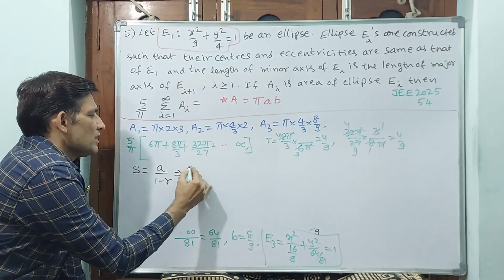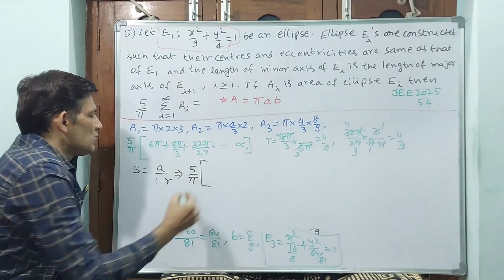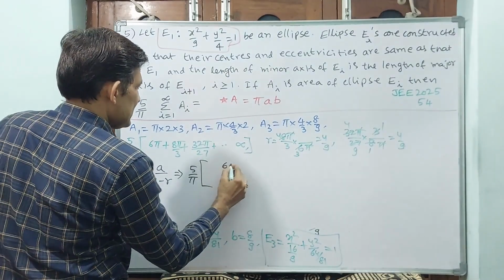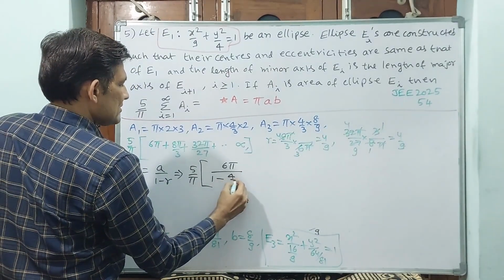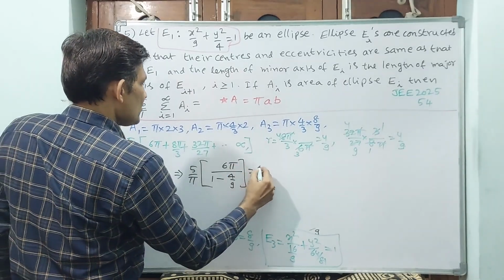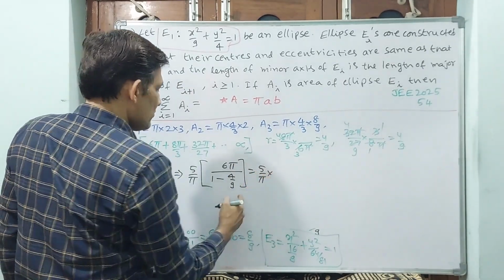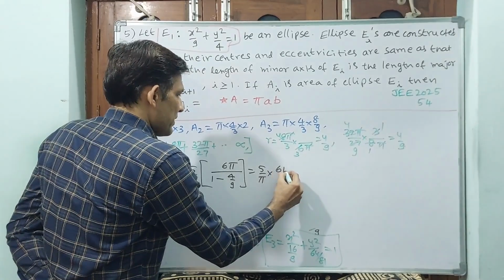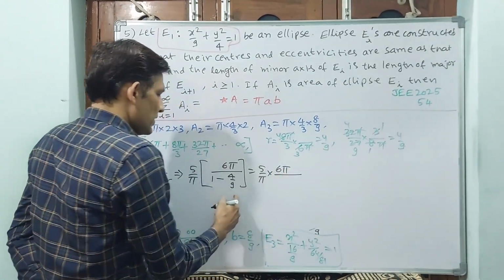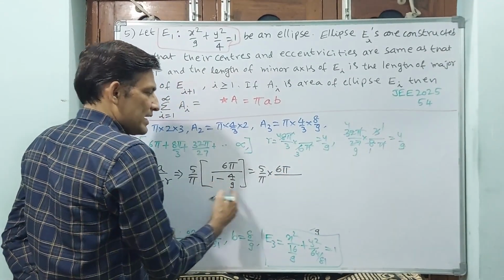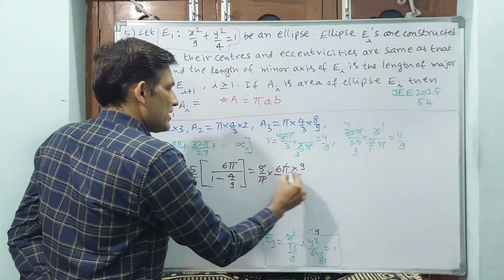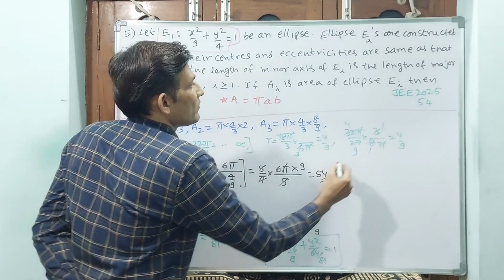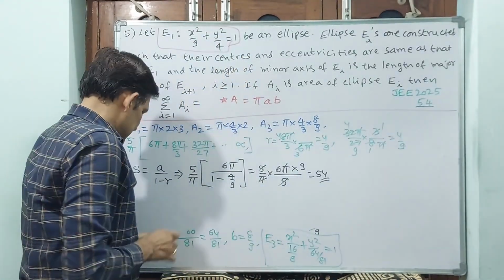Implies I am keeping, you see, 5 by pi into A, 6 pi, by 1 minus R, 4 by 9. That is equal to 5 by pi into, see, 6 pi you keep like this only, 9 minus 4, 5 by 9. 5 pi if you cancel, 6 times 9 is 54. 54 will be your answer.